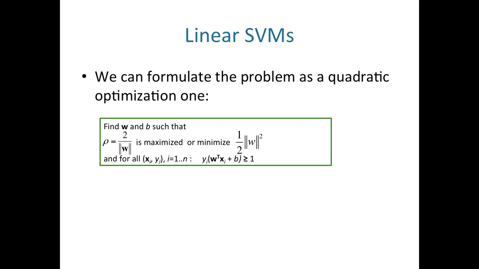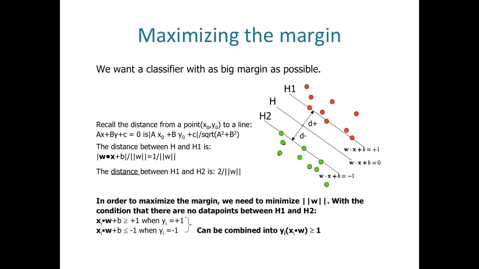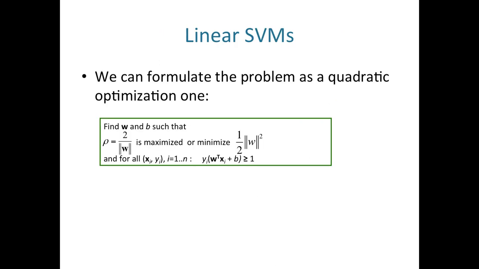Okay, so this problem then can be formulated, as I mentioned a few slides ago, as a quadratic optimization problem. Again, remember that the only thing that we need to find here are the weights. Given the previous formula, remember that the distance between h1 and h2 is 2 over the length of w.